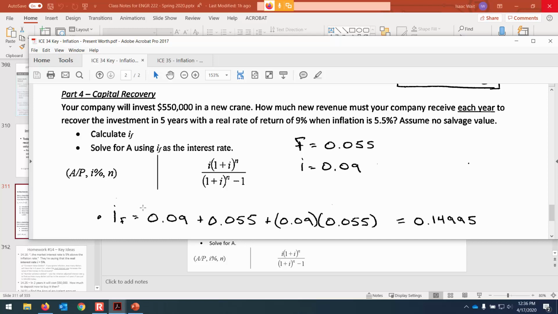So it's the real interest rate plus the inflation rate plus the product of the two. This is the factor that you should put into this equation to find the ratio of A to P. So use this interest rate in this equation and multiply it by P, so 550,000.